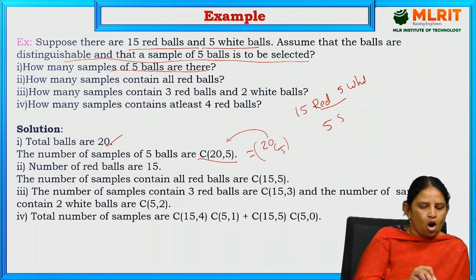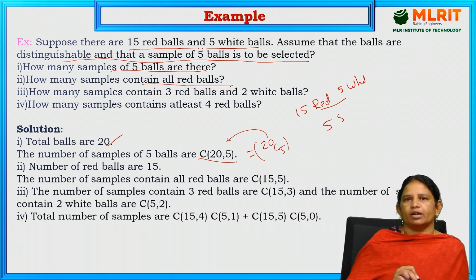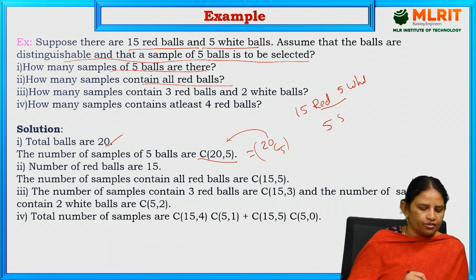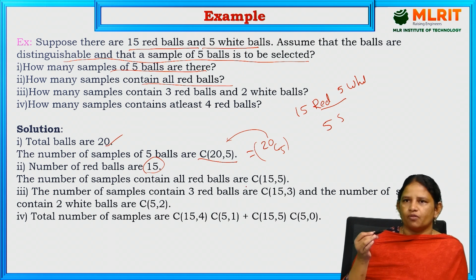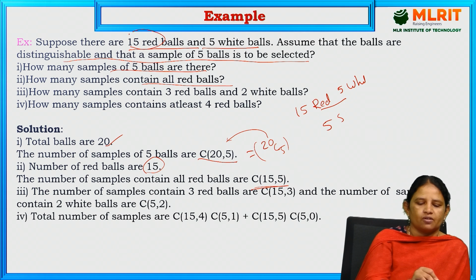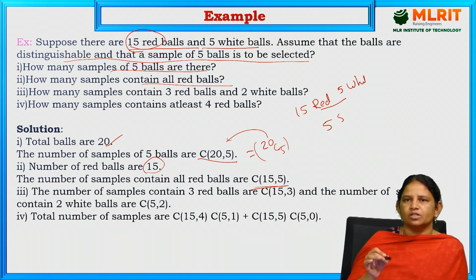Second question. How many samples contain all red balls? There are 15 red balls, so out of 15, the number of samples of 5 red balls is 15C5.